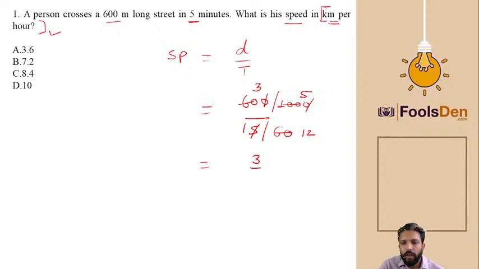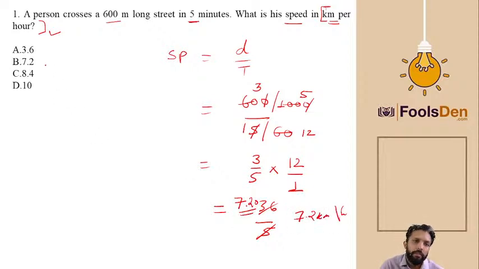So I got 1 upon 12. So your answer will be 7.2 kilometer per hour.